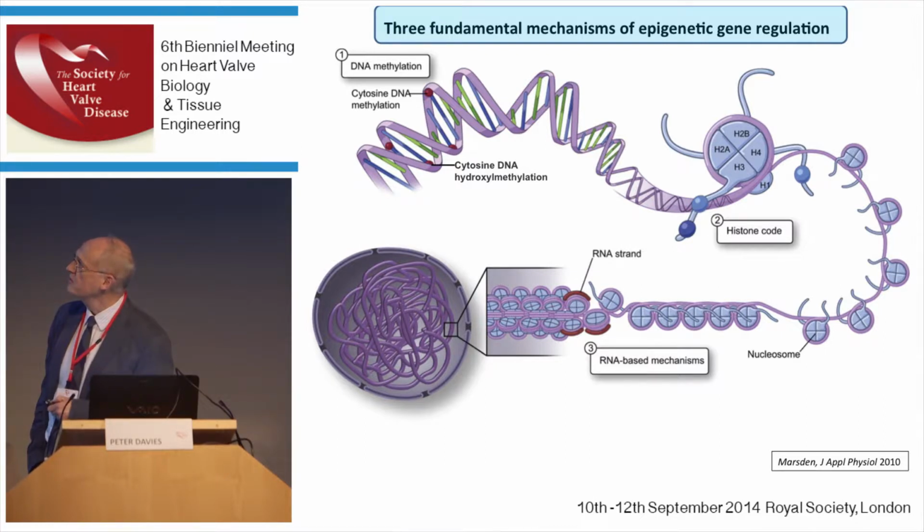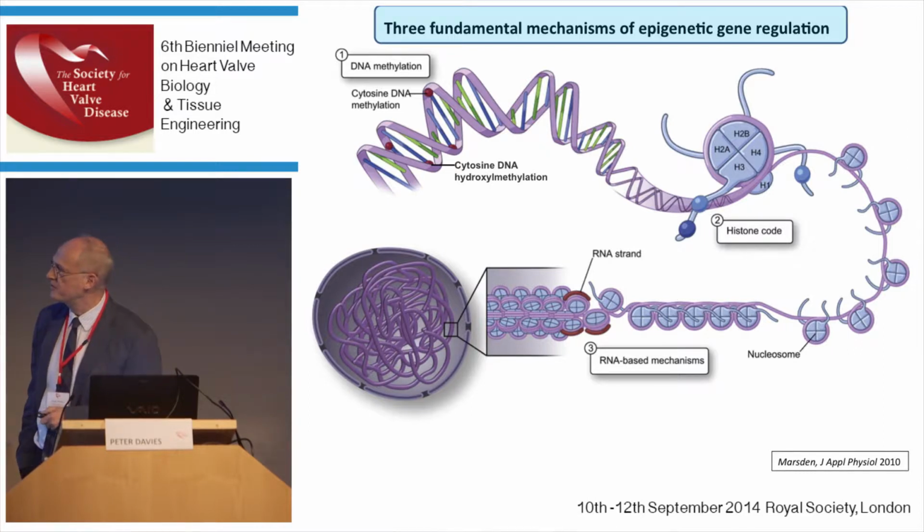The histone code: DNA wraps around histones, proteins, and sometimes it loosens them, allowing other factors to get in there and do their work. In other cases, it's a direct consequence of DNA methylation, and these work back and forth. And the third one are the short and long non-coding RNAs, which influence the transcribed messenger RNA already and destroy it or allow it to proceed.